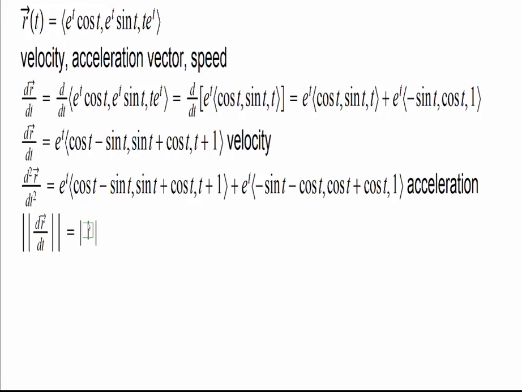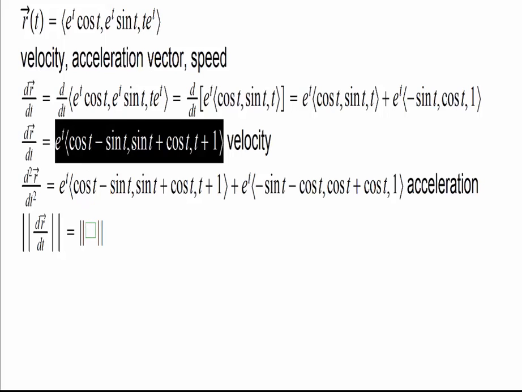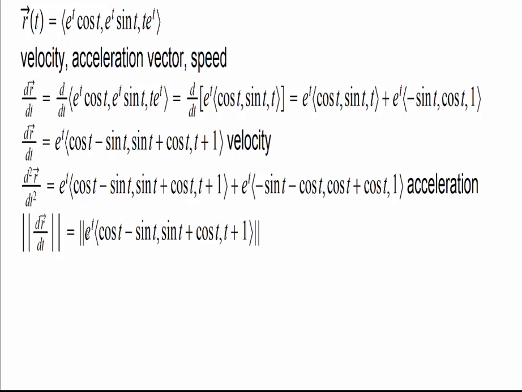So the magnitude of this quantity is going to be the square root of the components squared and added. When we square the components, e to the 2t will factor out again, and then we shall get in the other bracket, let me just change the bracket here.